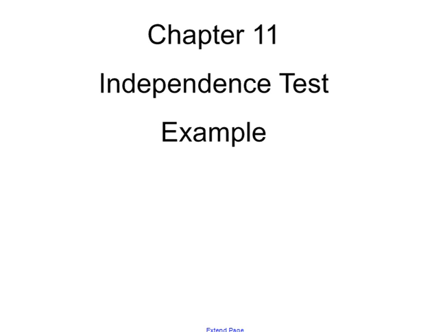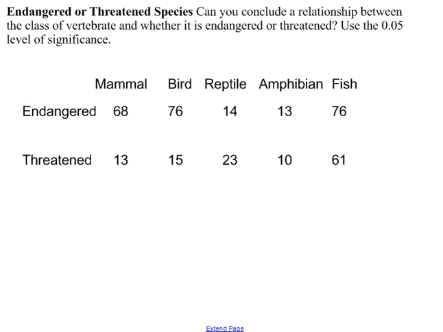Welcome to another video here from Chapter 11, again independence test, and this is an example of an independence test. The problem is wanting to know, is there a relationship? Can you conclude a relationship between the class of vertebrae and whether it is endangered or threatened?